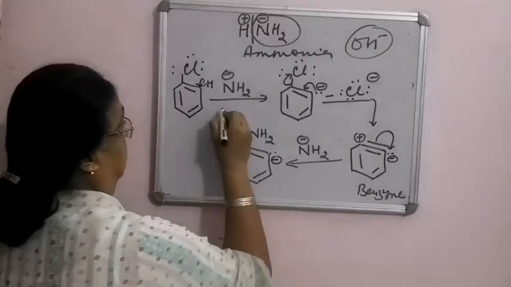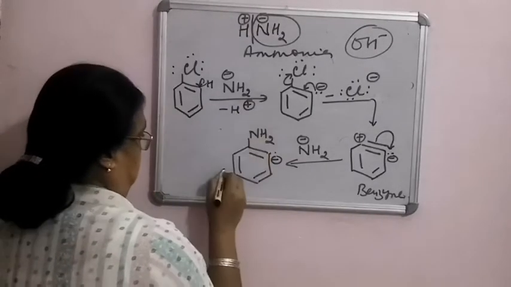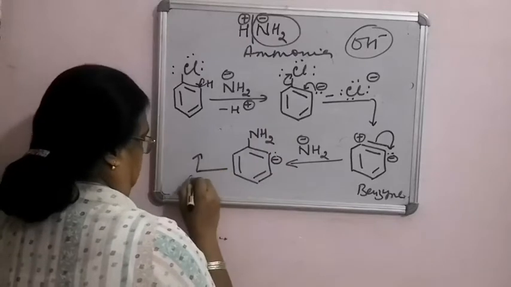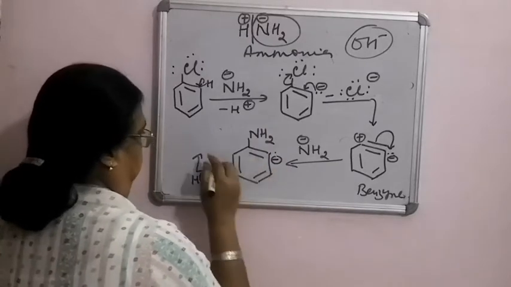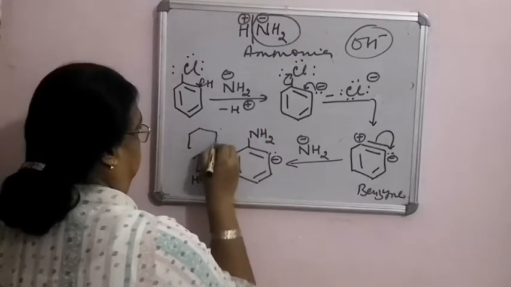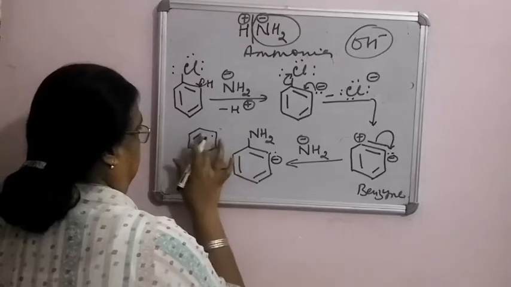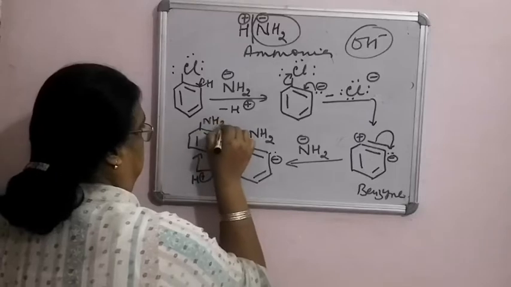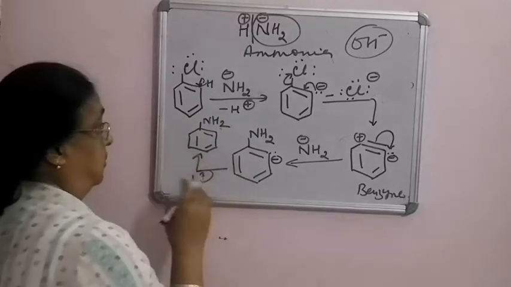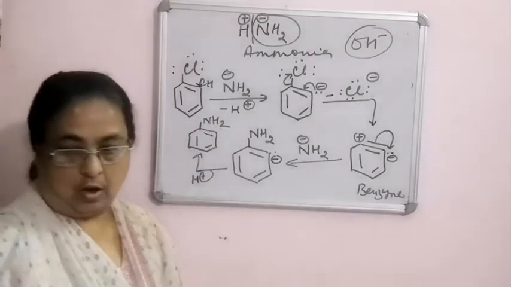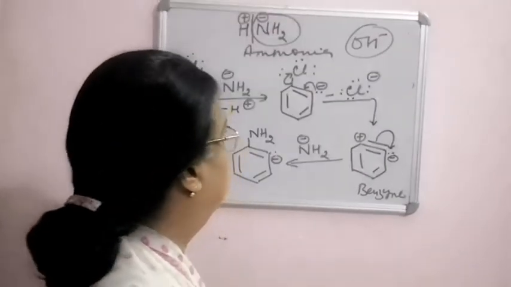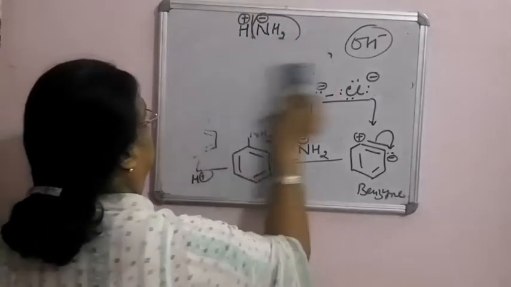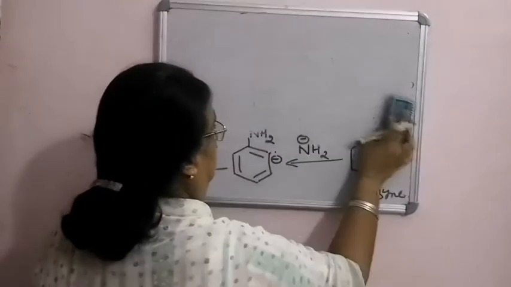Now the proton which was released will combine with this lone pair and we will obtain the aniline molecule. So this is the mechanism of nucleophilic substitution reaction. The mechanism of these two reactions is mentioned in your syllabus.